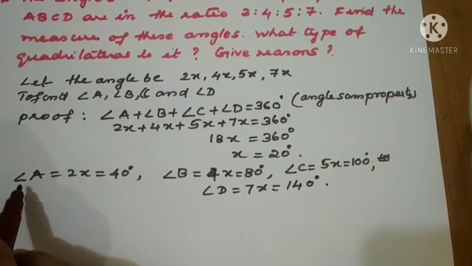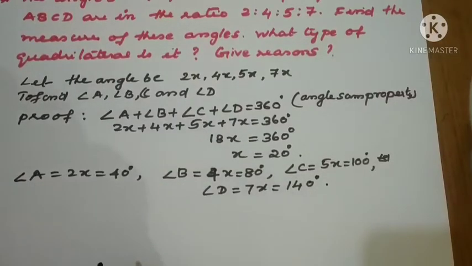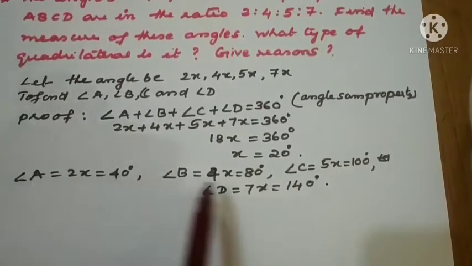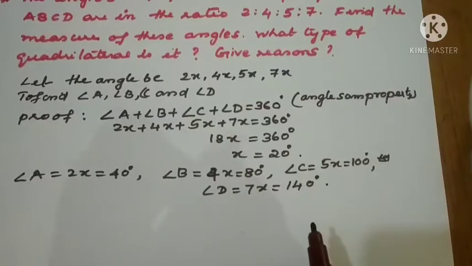Now, if we consider angle A and angle C, what is the sum? It is 140 only. But if we consider angle A and angle D, what sum do we get? 180 degrees.